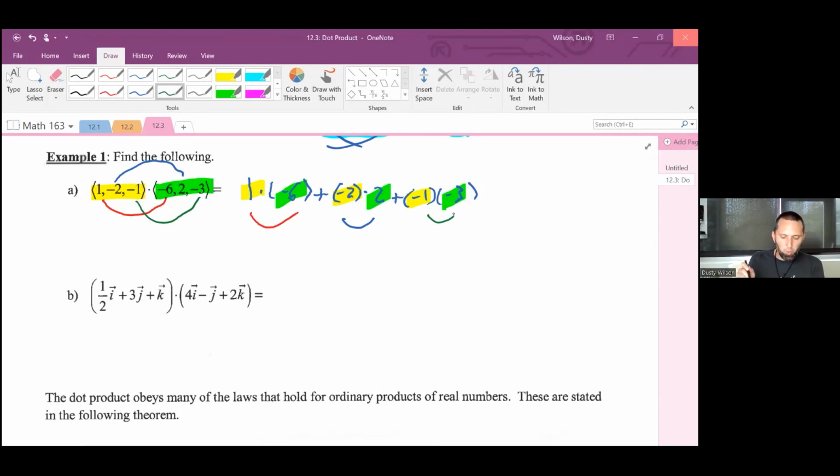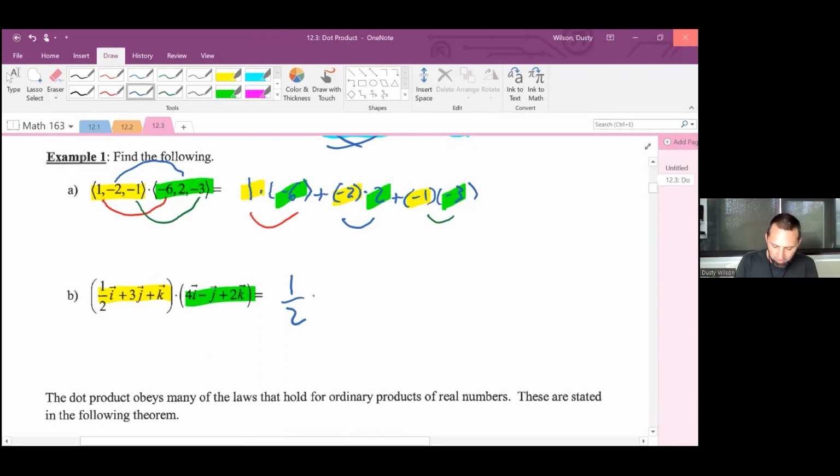Example 1b. Here we've written our vectors using the ijk notation. So we have a half i plus 3j plus k dotted with 4i minus j plus 2k. Same exact deal. We'll take all the components of the first vector and multiply them by all the corresponding components of the second vector and add.